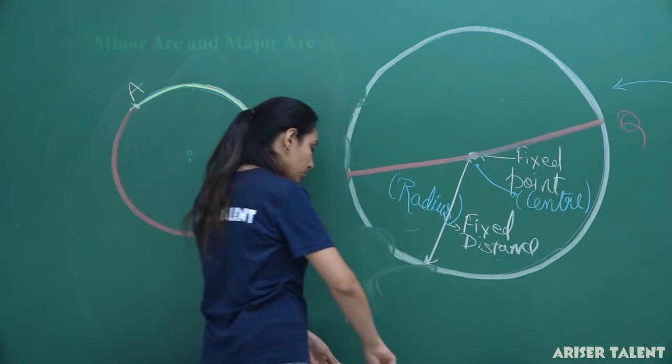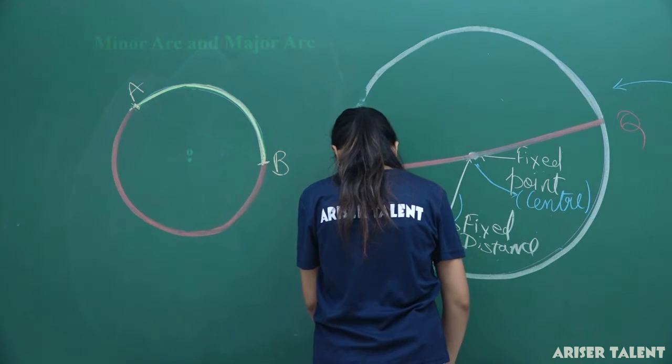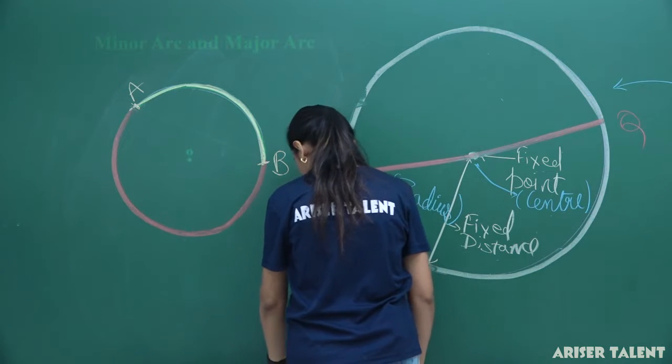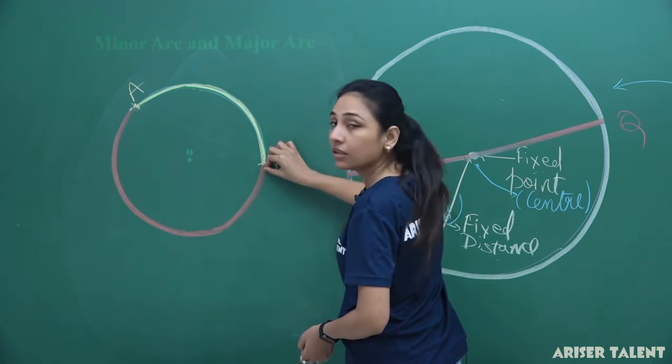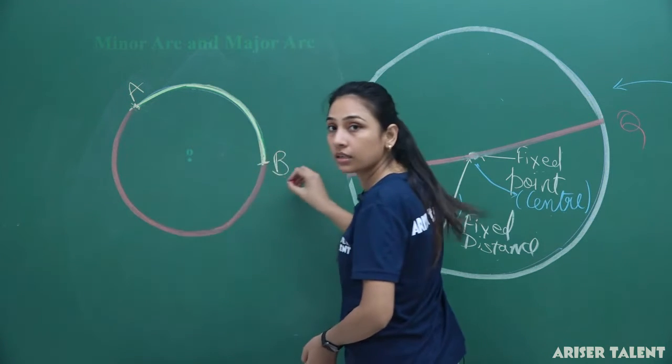So what is a minor and major arc? If I have these two points, this complete part is an arc and this complete part is also an arc.